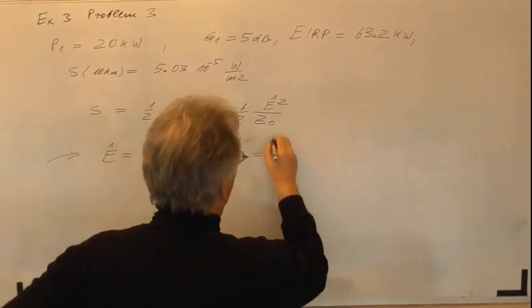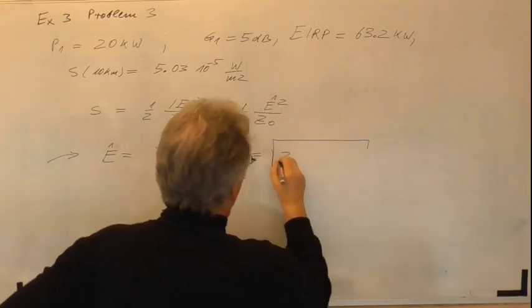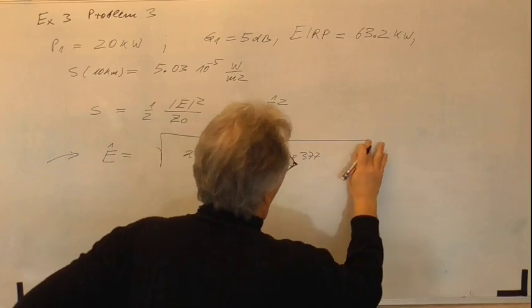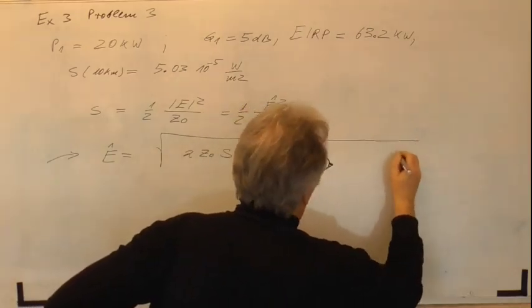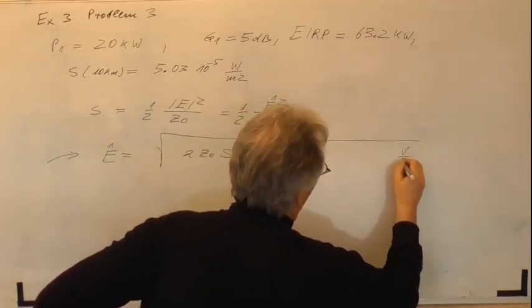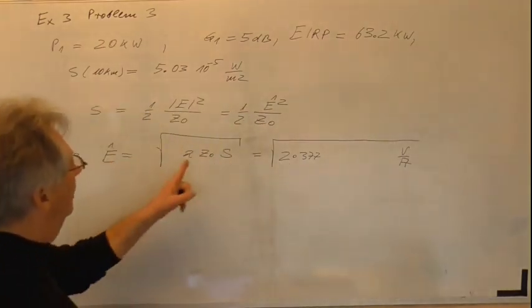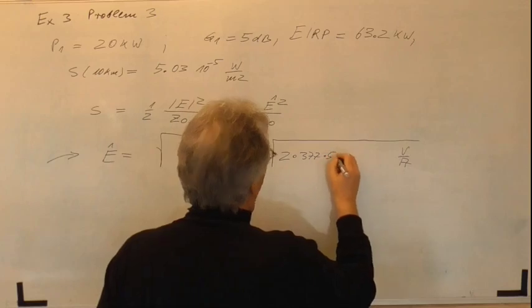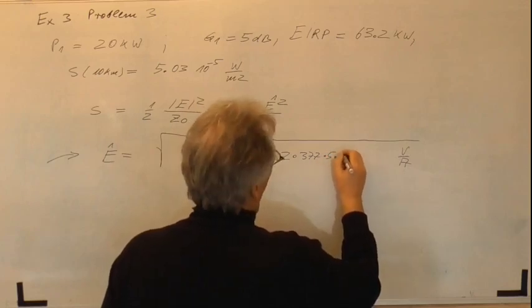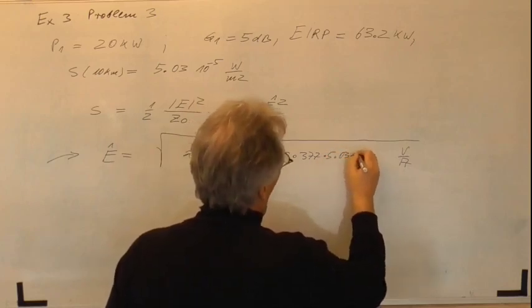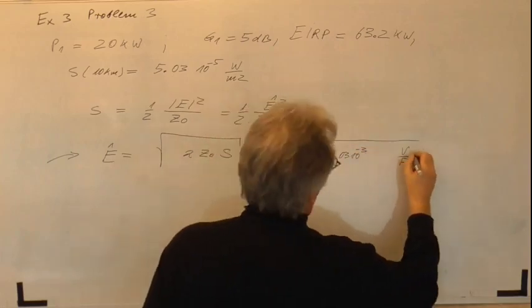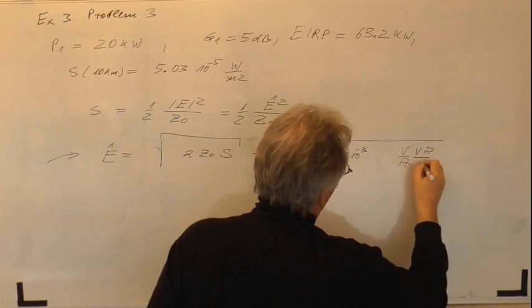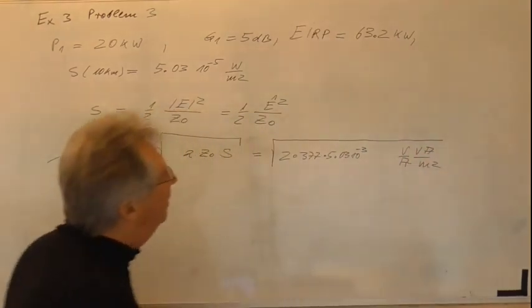So we will insert the numbers again. This is 2 times 377, in volt over ampere, and here we have now S, it's 5.03 times 10 to the power of -3, in volt ampere over meter squared.